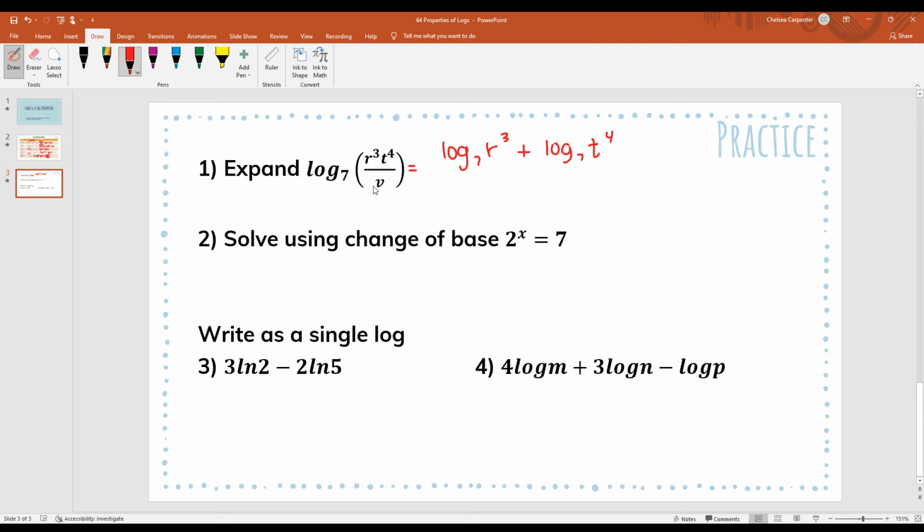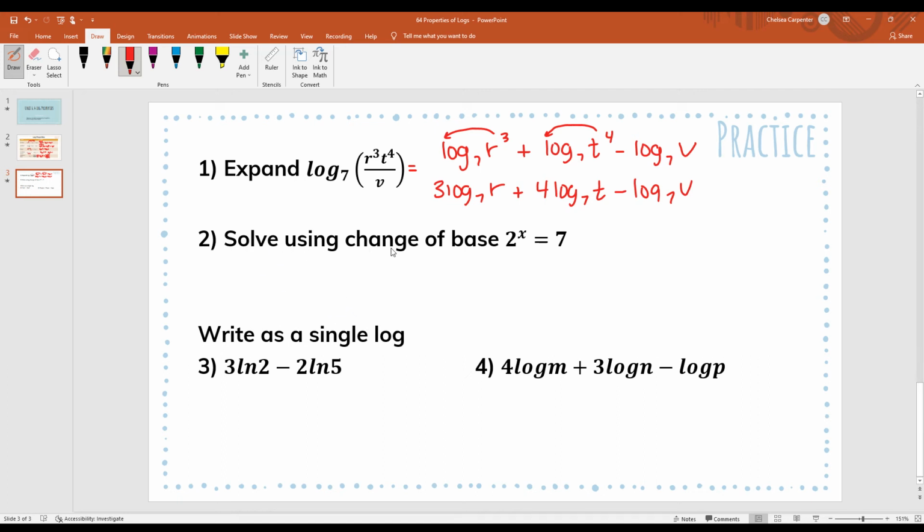And we're dividing by v, so I'm going to subtract, use the quotient property to say this is log base 7 of v subtracted. The last step is to use the power property and write these exponents as coefficients. So this is 3 log base 7 of r plus 4 log base 7 of t minus log base 7 of v, and now that is fully expanded.